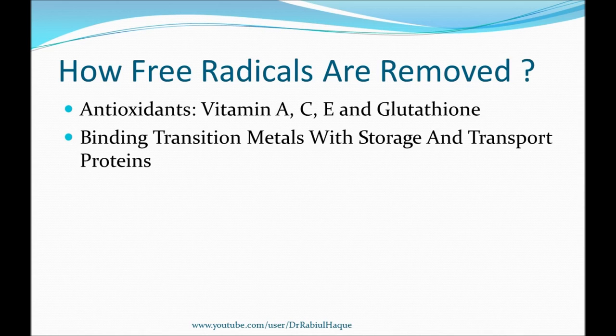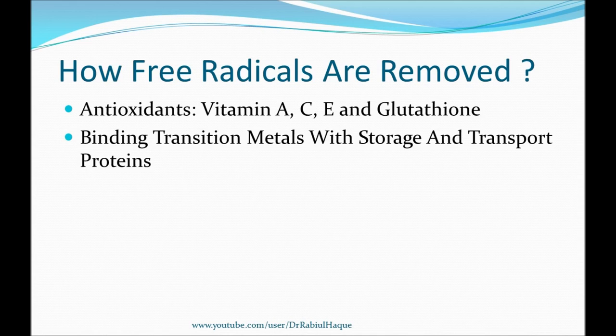So whenever those transition metals are bound with certain transport protein or storage protein, for example transferrin, ferritin, ceruloplasmin, etc., they will become inactive, and that will result in less free radical formation.